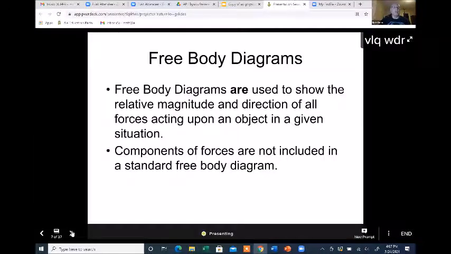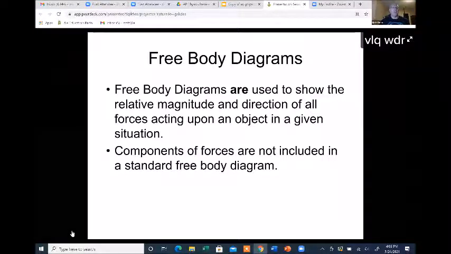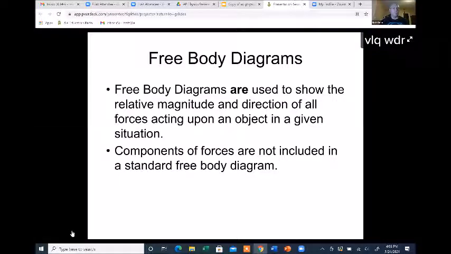So another idea that we're going to get to here very quickly are what are called free body diagrams. Another really important idea in AP Physics 1. So these are used to show the magnitude and the direction of all the forces acting on an object. Now, something that's really important, the AP Physics 1 folks don't want you to break these forces into components and show those on a free body diagram.